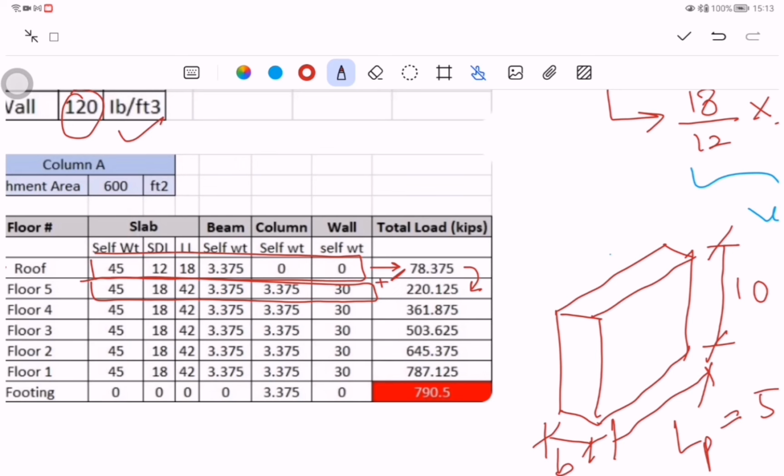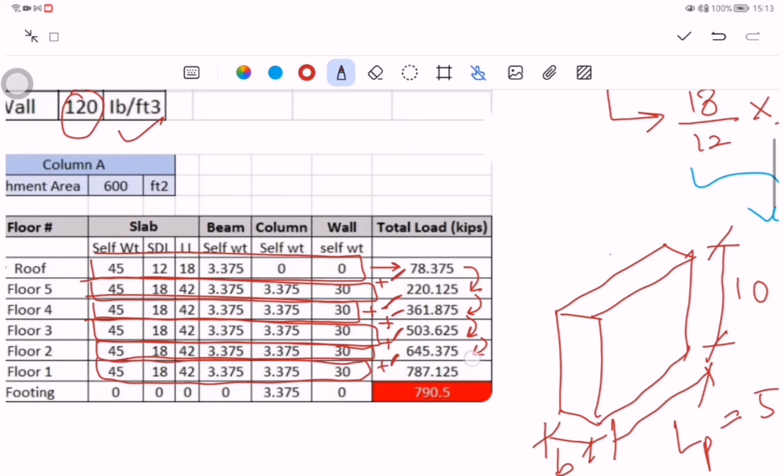Then at floor 4, now the loads are the same all over. So this thing will be the sum plus this column, then this plus this plus this.